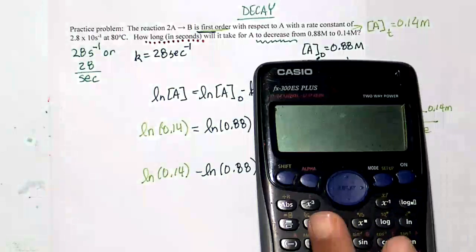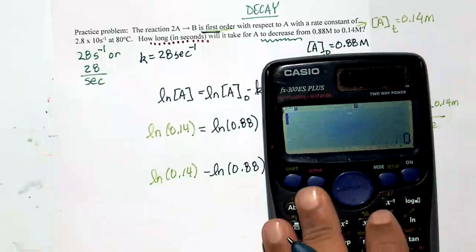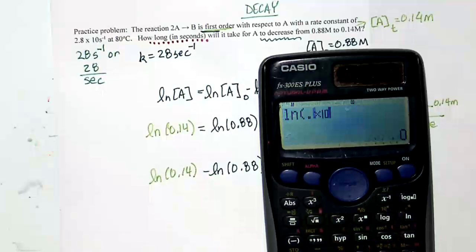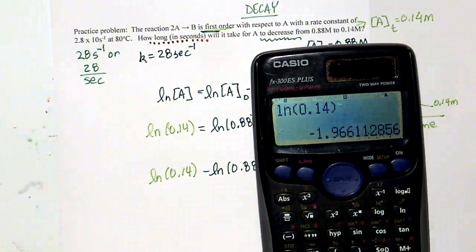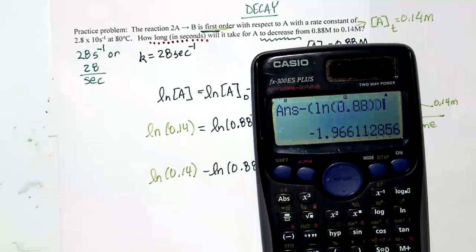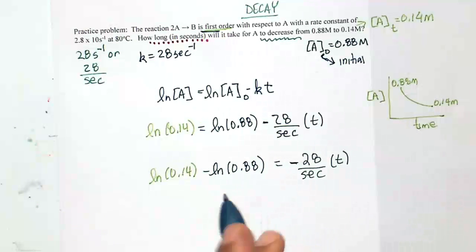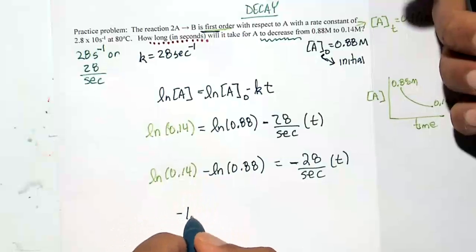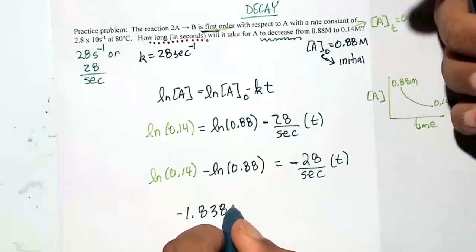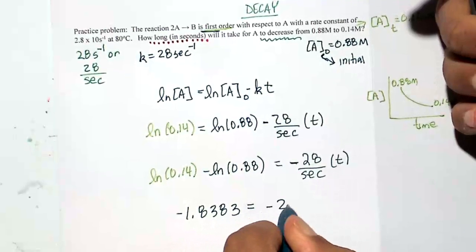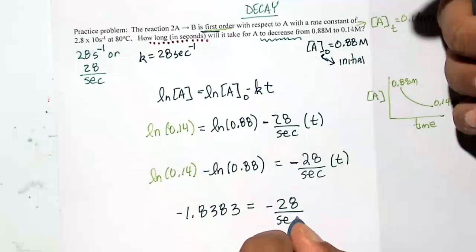Let's do that on our calculator really quickly. Natural log of 0.14, minus the natural log of 0.88, close parentheses, minus 1.838. Is that what you guys are getting? Minus 28 over seconds t.